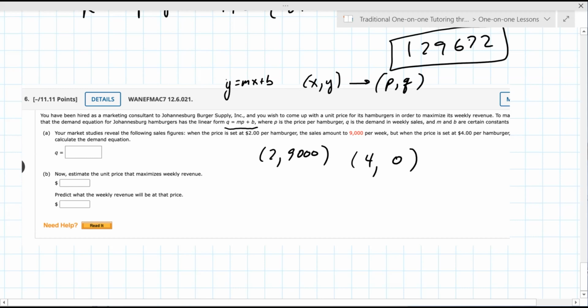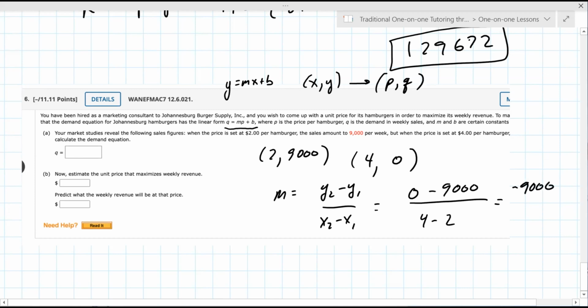That's why it's sometimes good to make this mapping of, okay, what is X and Y in this context? X is really price, P, and Y is really Q. So your slope is normally Y2 minus Y1 over X2 minus X1. So in this case, it's going to be 0 minus 9,000 over 4 minus 2.